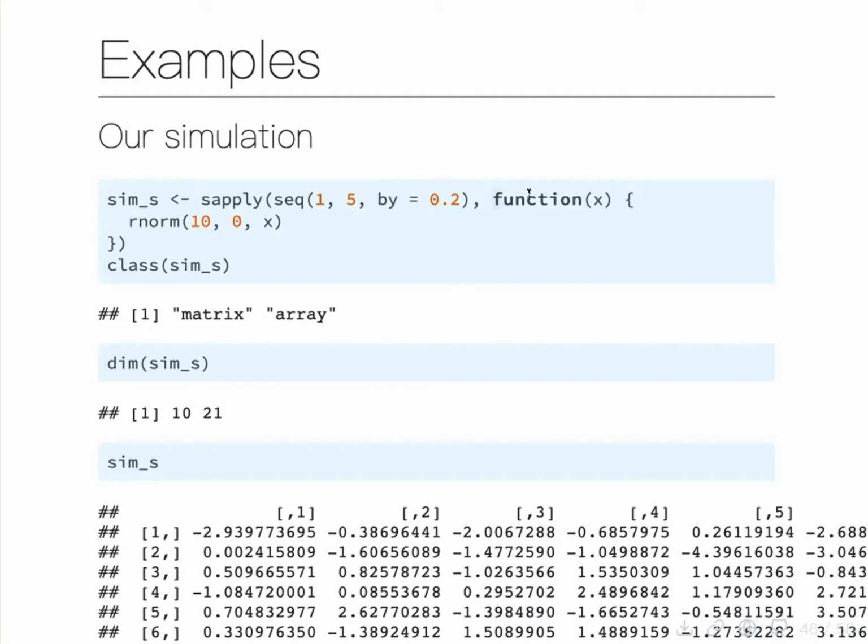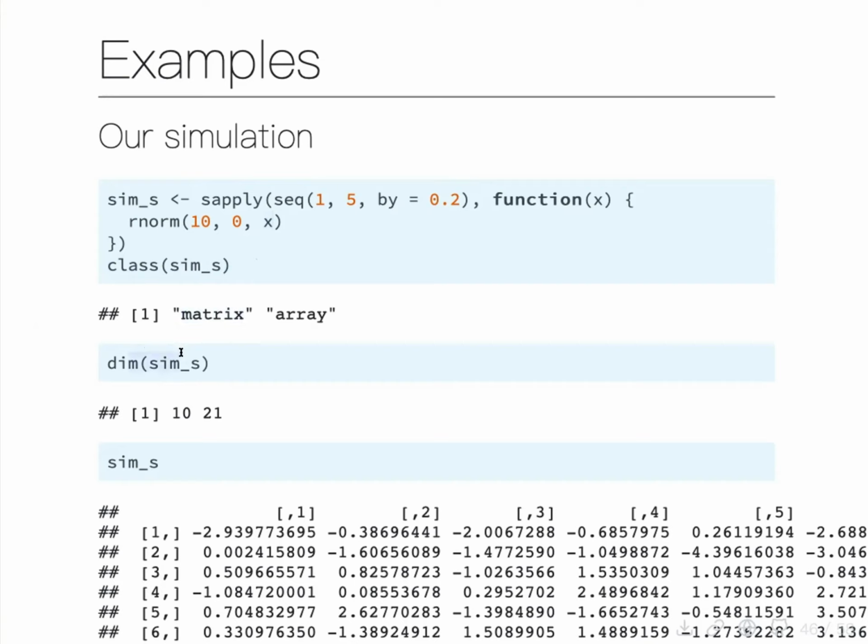Then I'm going to apply this function of x. x just becomes a placeholder for these numbers. Then I'm saying rnorm, 10 observations with a mean of 0 and a standard deviation of x. That goes through, and I get 10 draws from a random normal distribution with each of the standard deviations. The class I get back is a matrix.